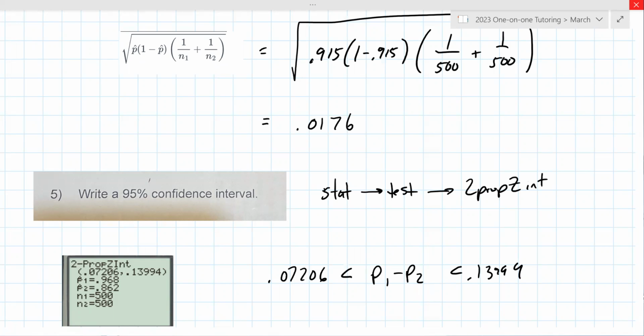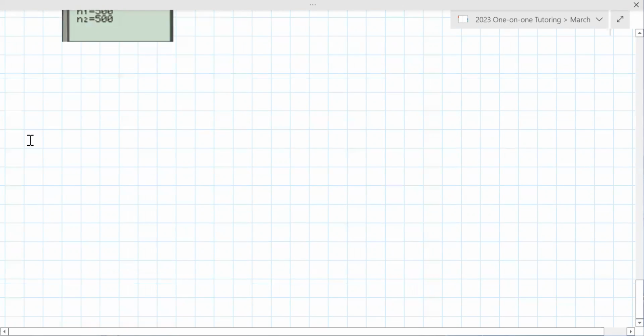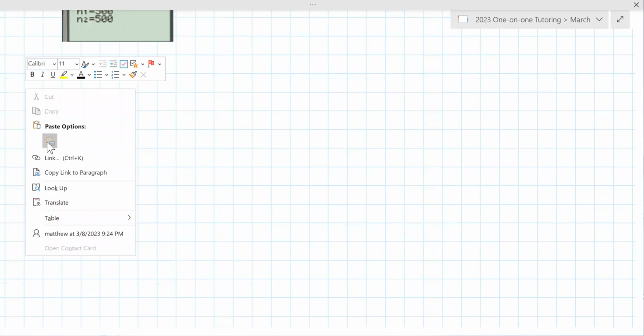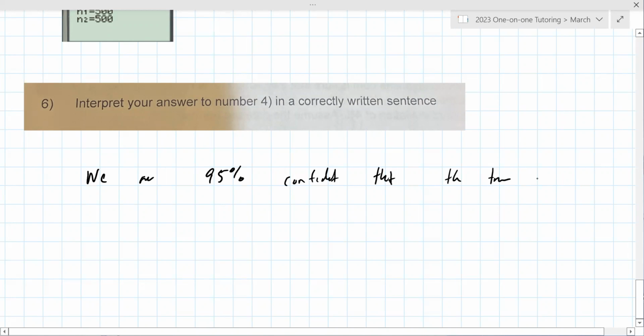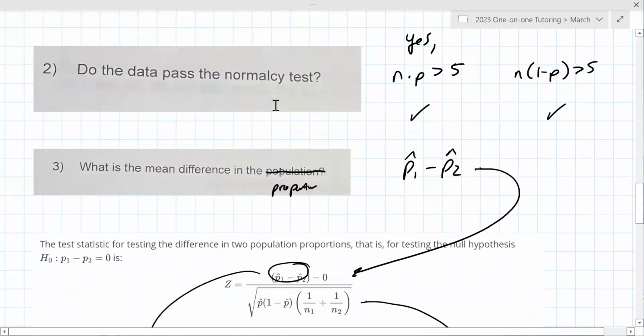That sentence is something like, "We are 95% confident that the true proportion difference between the 2 machines is between," and that's where you got to go back and sort of interpret the language of it.